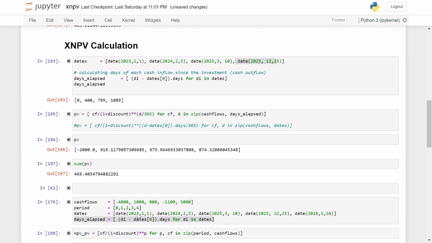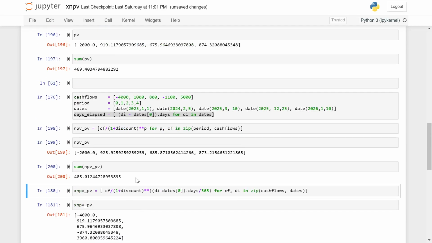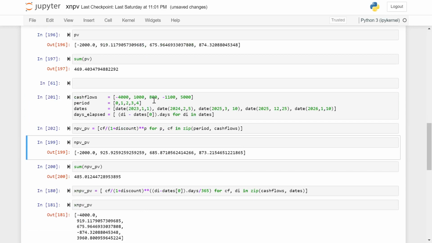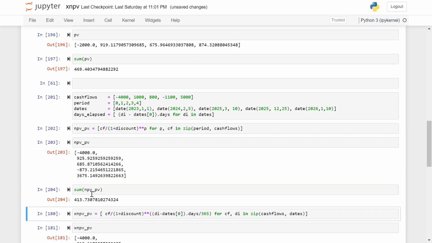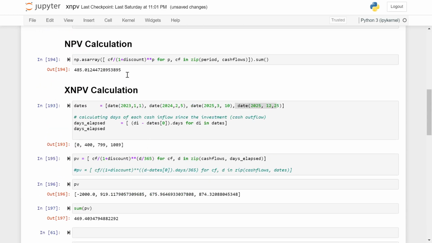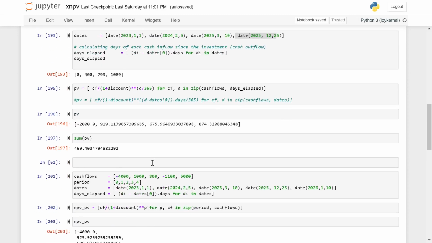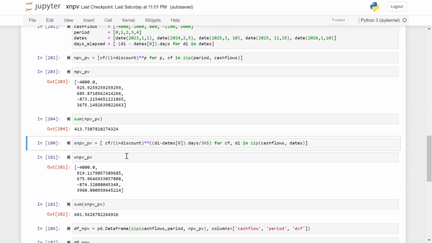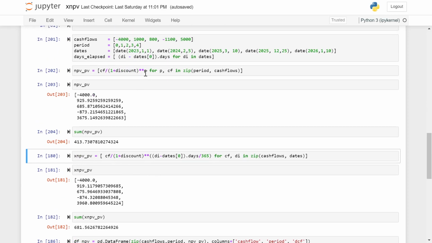No, we have to enter that. So 413 is our NPV. See, we did not enter this, so it was taking the old values. Anyway, now we will calculate XNPV. Here we consider dates to calculate the number of days elapsed since the initial cash outflow.